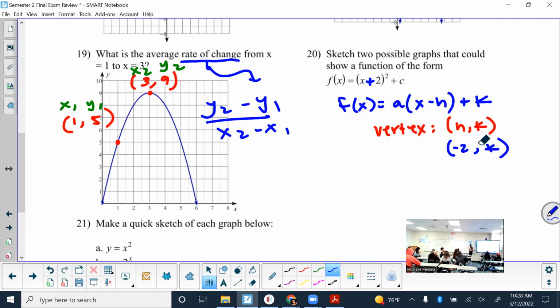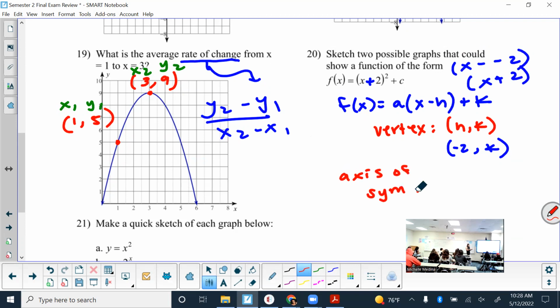Because if you think about it, if h is -2, when I plug it into this formula, I get x minus a -2, which what happens to that double negative? Becomes a positive. So then if you also want to write this down, the axis of symmetry, when it's in vertex form, is x equals h. Questions?